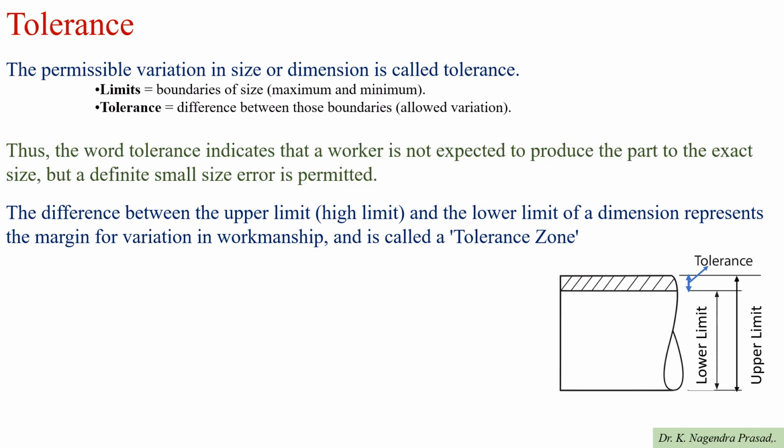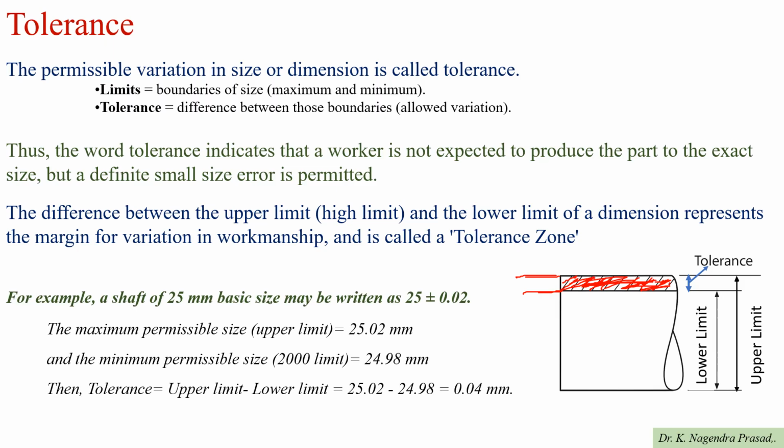Tolerance means the difference between the upper limit and the lower limit. So this zone we call the tolerance zone. The worker can produce the dimensions of a shaft within this range.